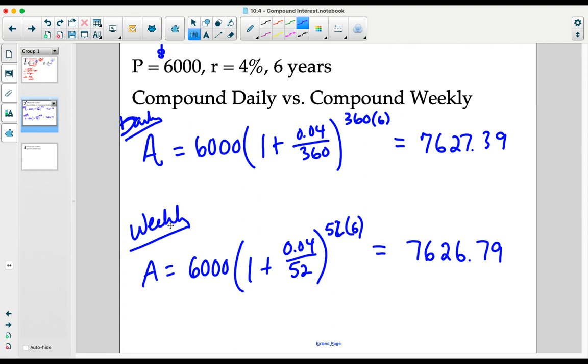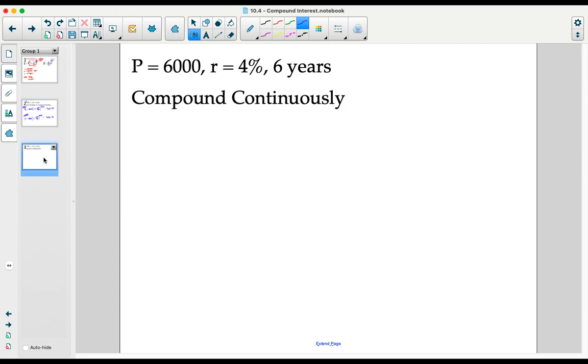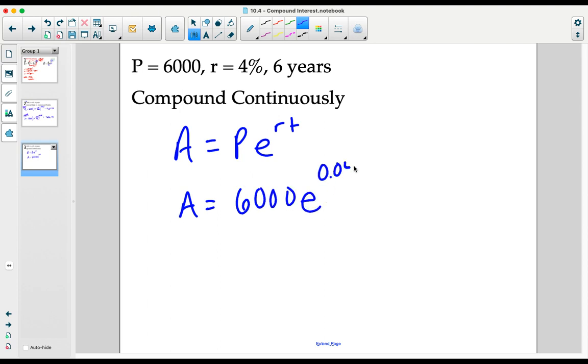Now let's look at the exact same setup, but this time sent through the lens of continuous compounding. Here's our continuous compounding formula. We have a principal of 6,000, a rate of 4% over a 6-year period.